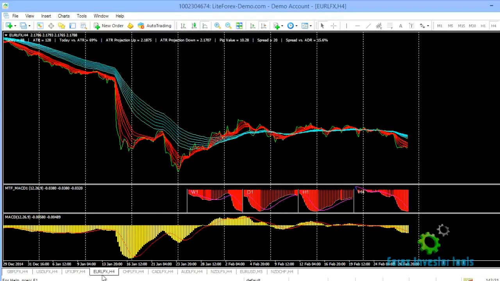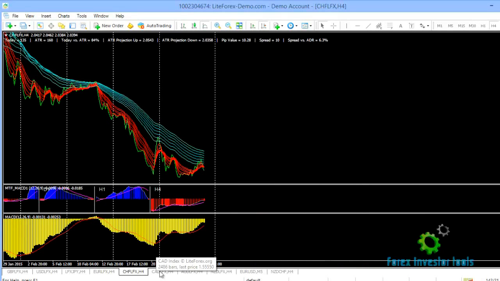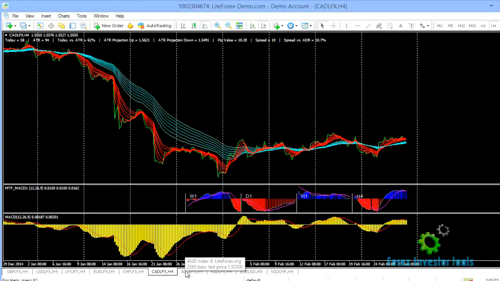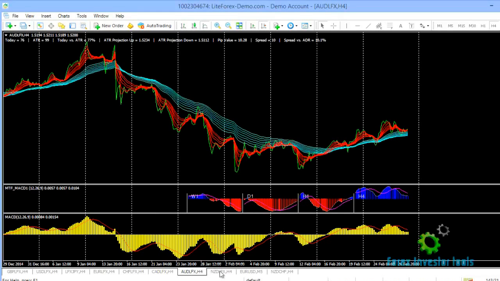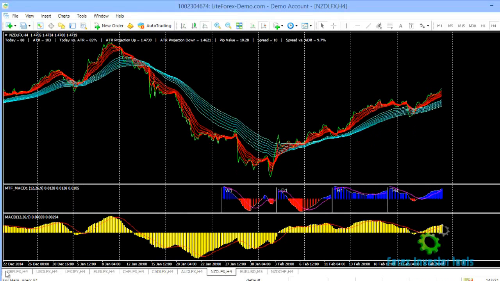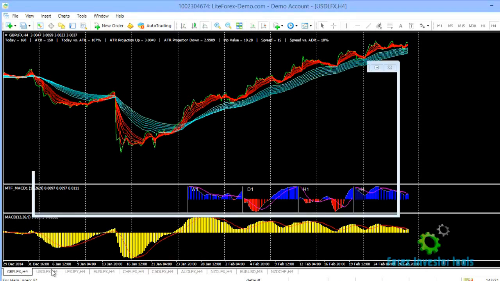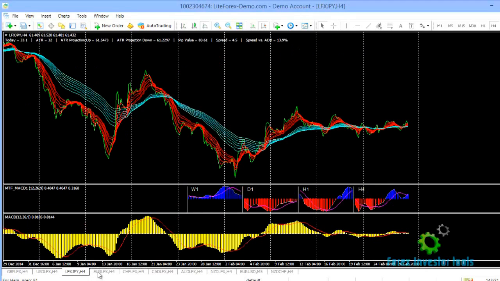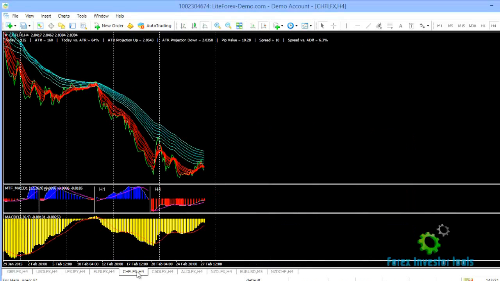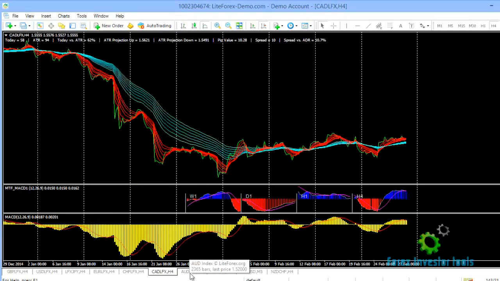Euro, yes. Nothing really in an uptrend. So New Zealand is down. Dollar, nothing really. The yen started to move down. Yes, so the yen was moving down.